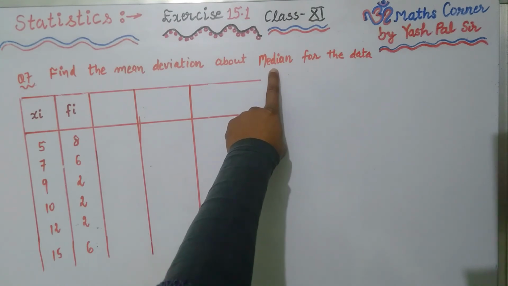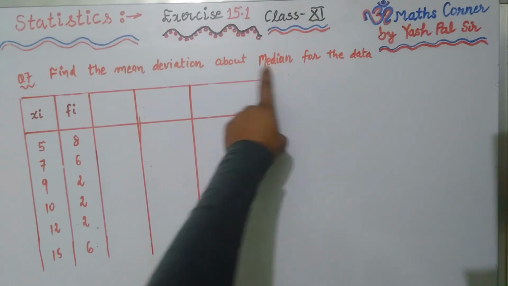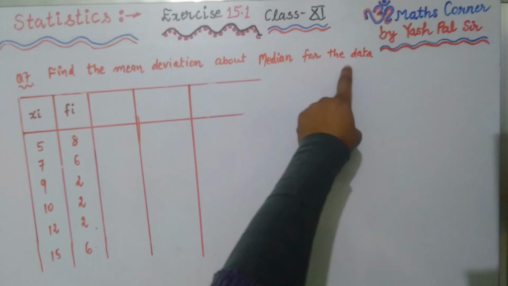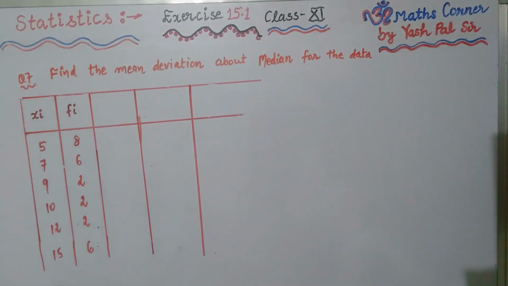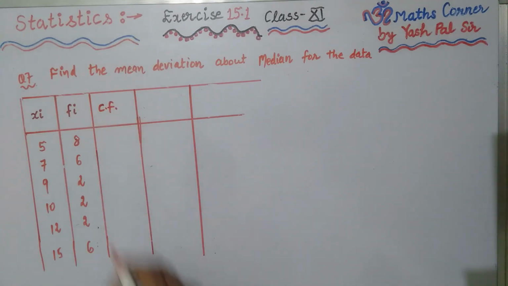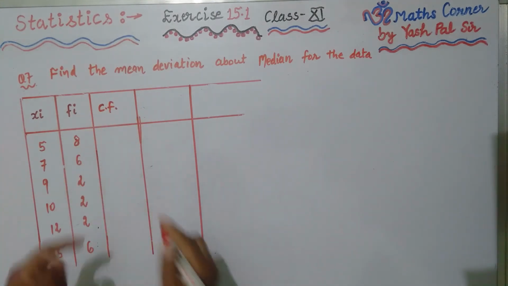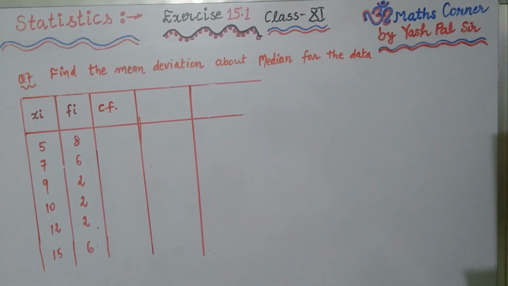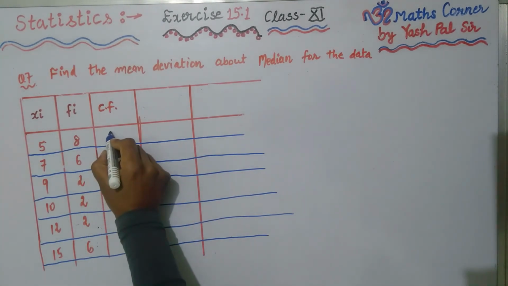This time we shall discuss the median. Mean deviation about median for the data: xi observations are given, fi frequency is given. So first of all we write the cumulative frequency. What is the meaning of cumulative frequency? First of all we write this 8 as it is.